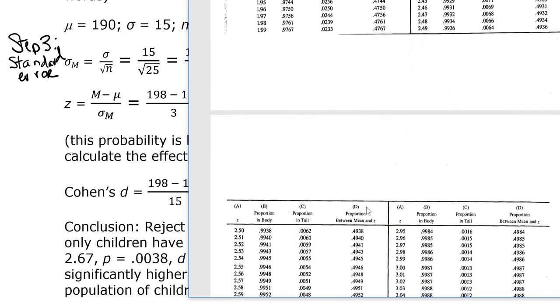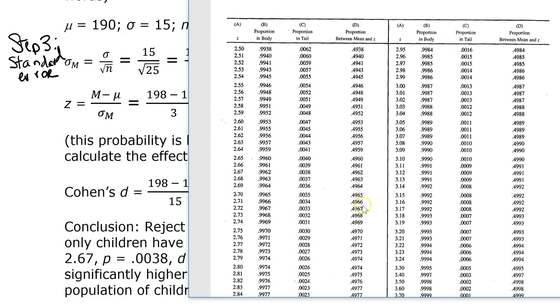Keep going. 2.67 is right here. So 2.67 in the tail, the area is 0.0038. So the probability that an only child would have higher cholesterol levels than 198 is 0.0038. That's pretty low. That's actually super low.